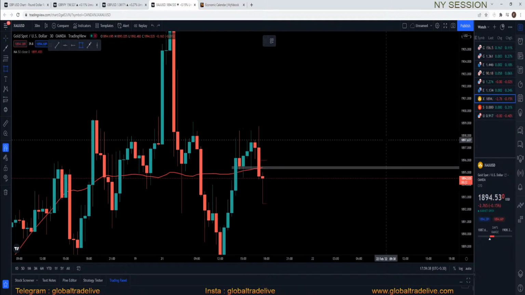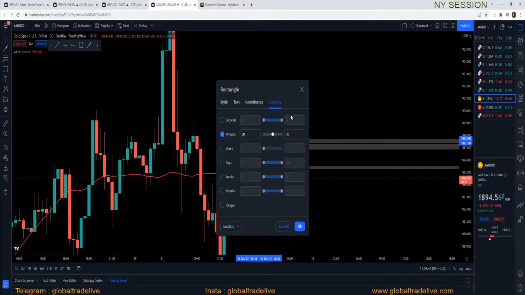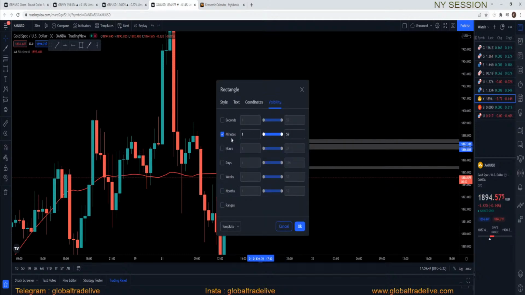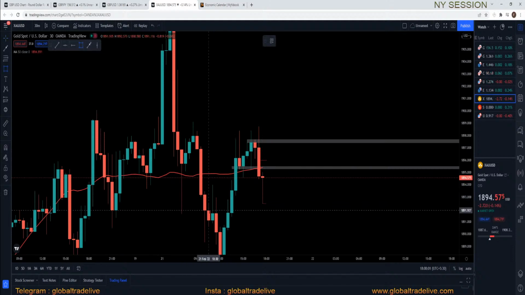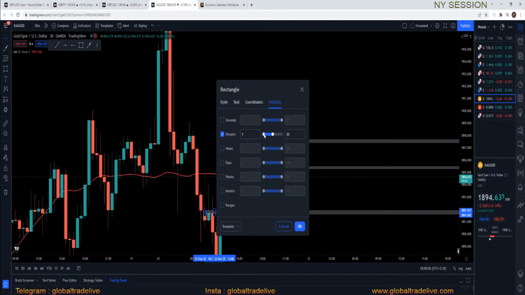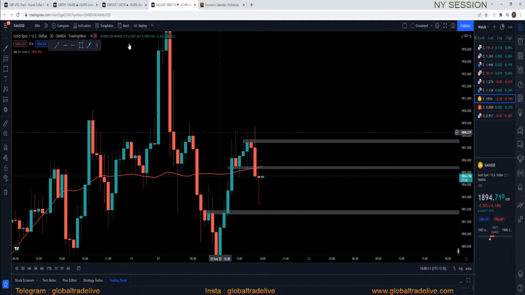I think that was the POI over here. So the previous 30-minute candle closed below this area. The current 30-minute candle just broke the low, went all the way down, and rejected this area over here. So now the current candle can possibly move down from here.